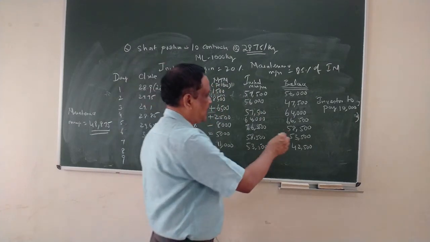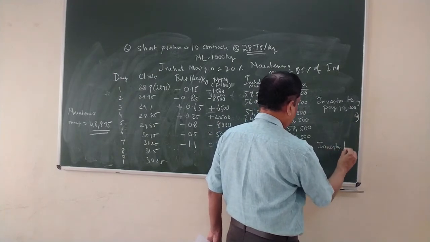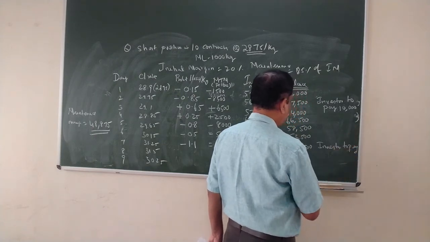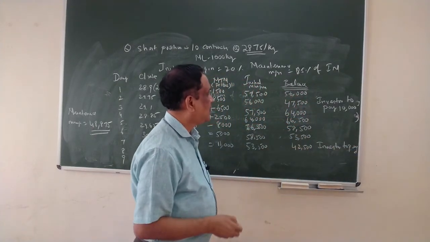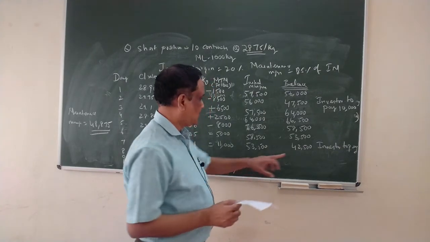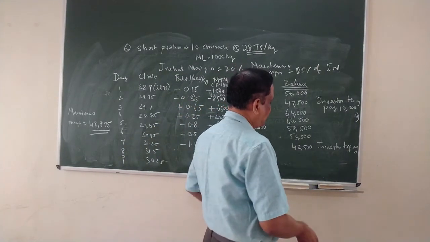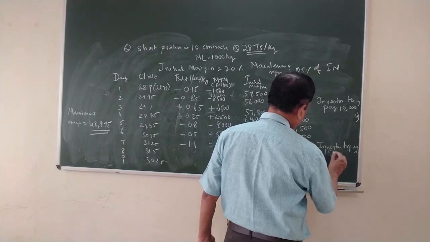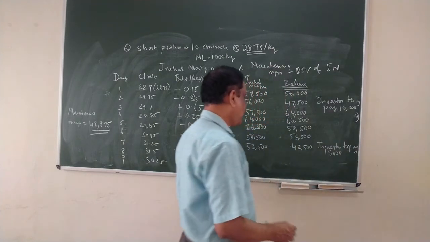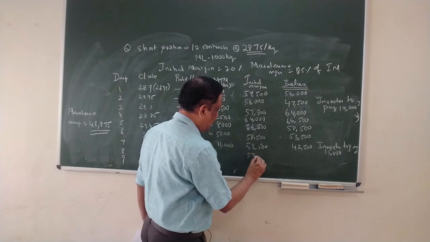So again it is below 48,875. It must start to pay. Now the investor has to pay, since the initial margin is 57,500, he has to pay 15,000. If he pays 15,000, then this will become 57,500 again.